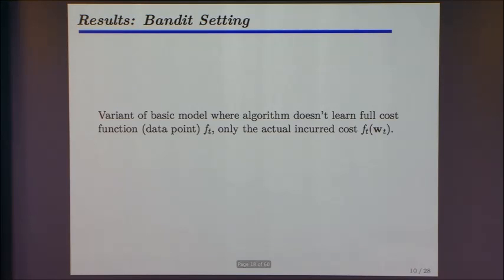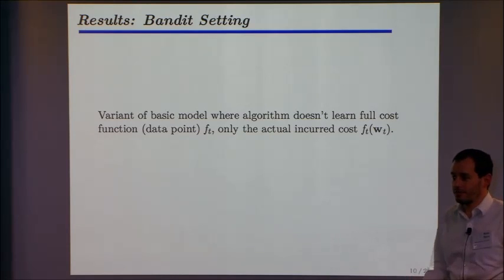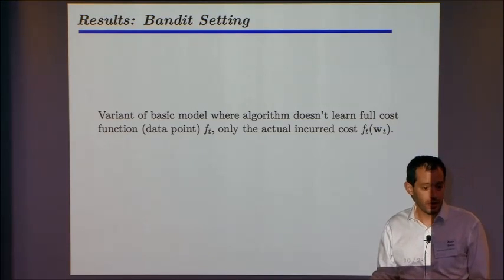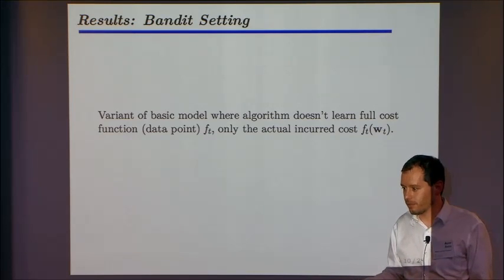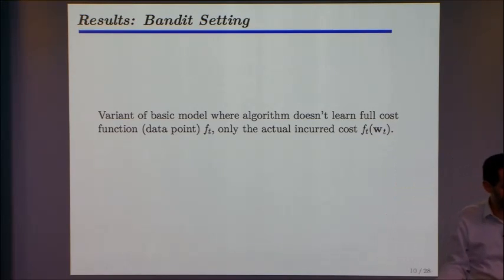There's a variant of this basic model called the bandit setting, or the partial information setting, where the algorithm doesn't actually learn the full cost function at each phase. What it learns is only the cost that it paid. So if you don't go to the other investment advisors and work with them, then you don't know how much return you would have gotten on your investment with them.